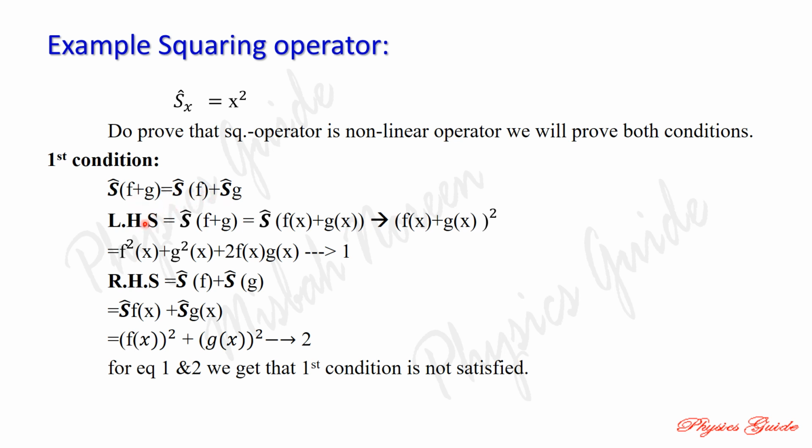Firstly we take the left hand side, which is equal to the square into f plus g. So we apply the square operator to f of x plus g of x. Here the operator S is equal to x square. So we take f of x plus g of x. So this is the function.